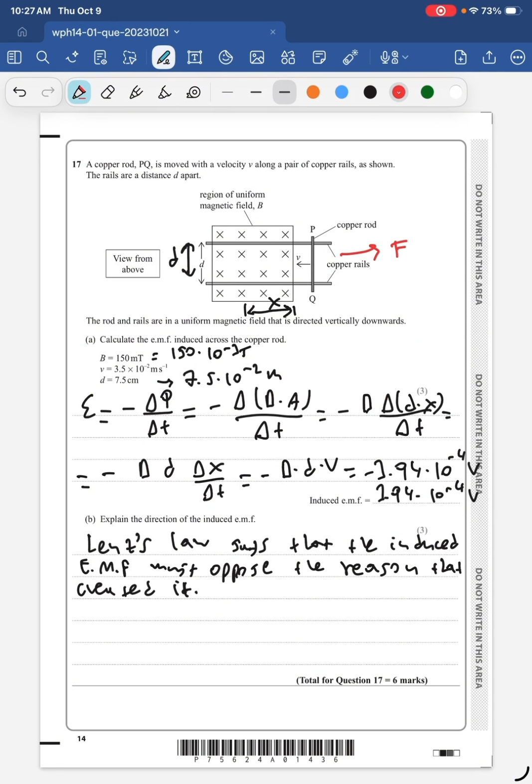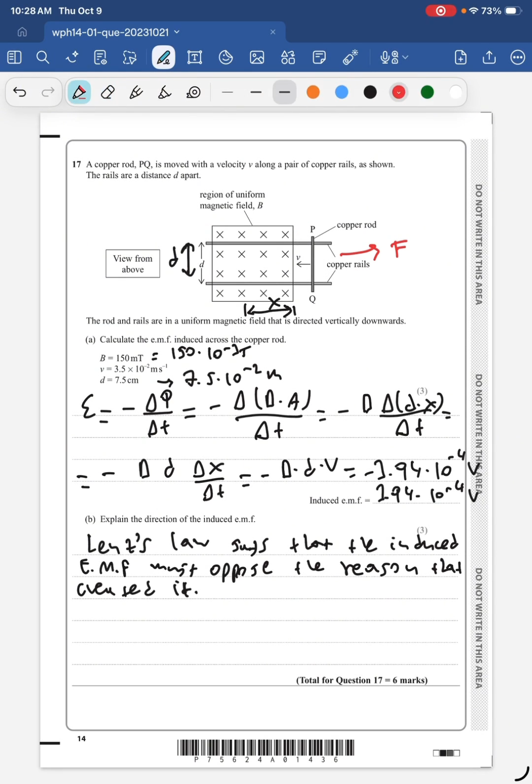Okay, so a force to the right means that we need a current that runs from P to Q, pretty much. Okay, so plus and minus. Okay, so the current should flow this way. Okay, is that correct? Wait, I'm confused now. I'm sorry, give me a second.